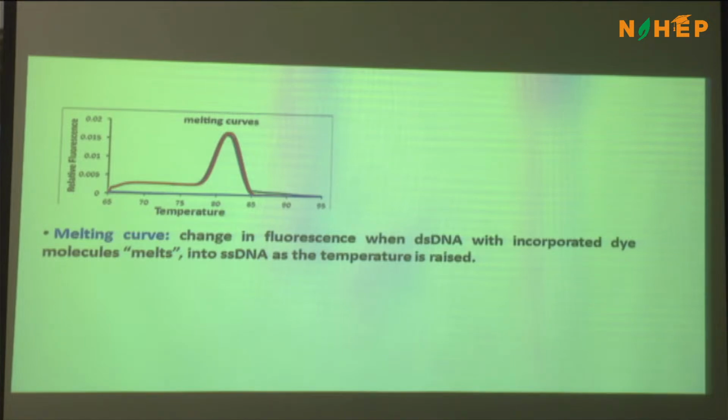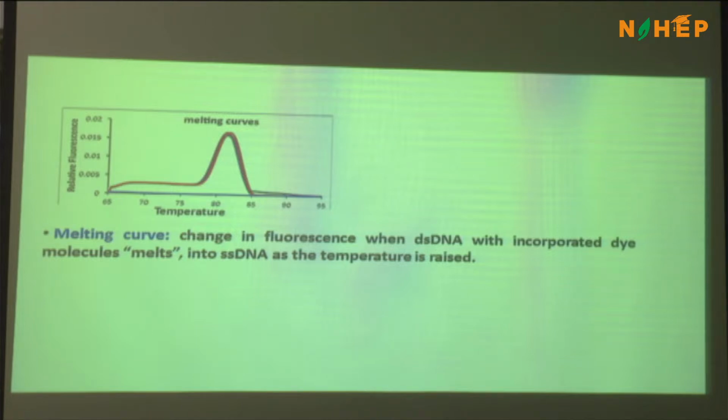So what I showed here on the screen is a typical single target amplification without any background amplification. Can anyone tell how this graph is going to look if there is background amplification because of poor specificity of the primer? Anybody? You can imagine and tell this.